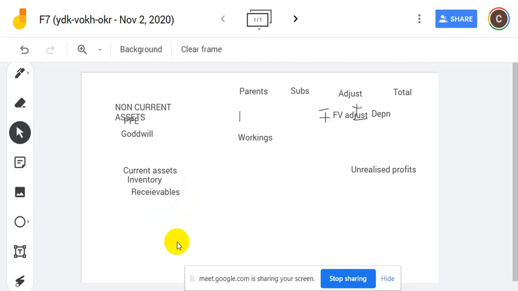Under the adjustments, if there are any amounts owing, either the parent is owing the subsidiary for any inventory which was sold to the parent, or the subsidiary is owing the parent for any inventory which was sold to the subsidiary, those amounts which are owing should be eliminated here under the adjustments before you get your total receivables.